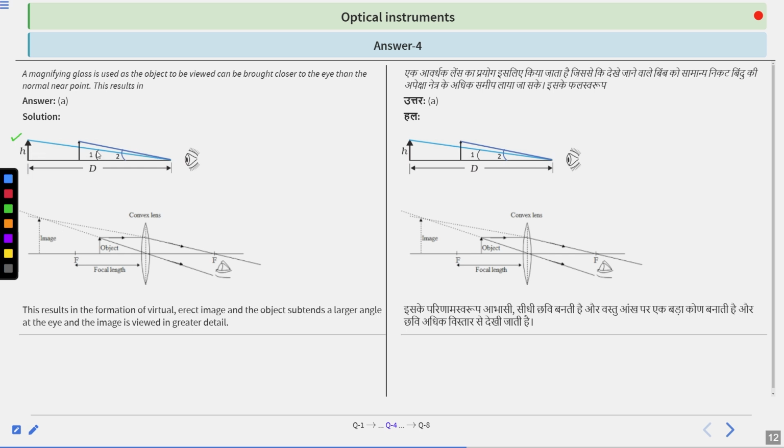That is, this is the angle. And when this object, the height is h, is closer to the eye, then d is closer to the eye. So suppose the object height is this one. So at that time the angle subtended is smaller comparatively, at first, this one.